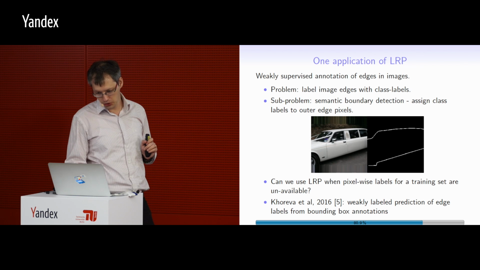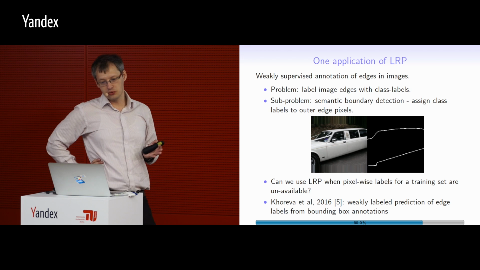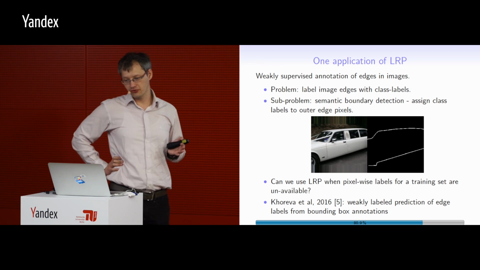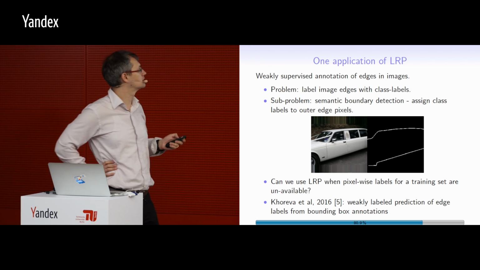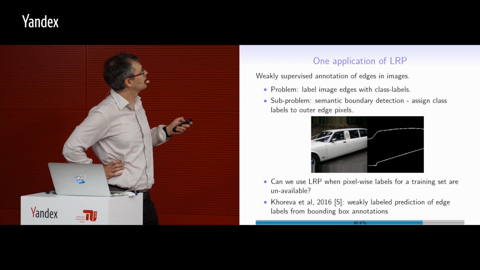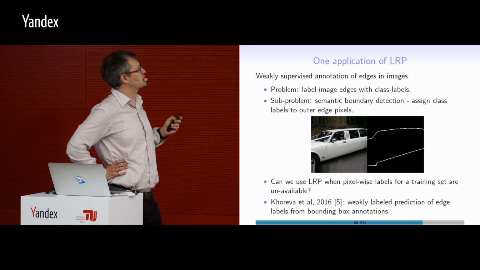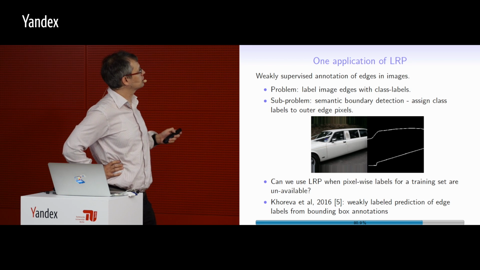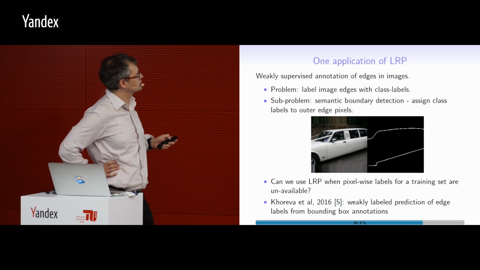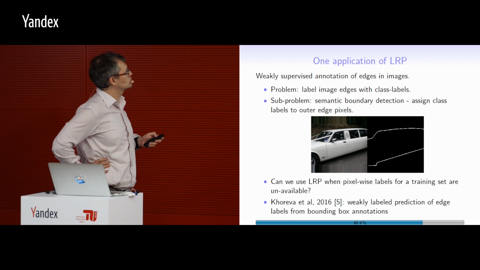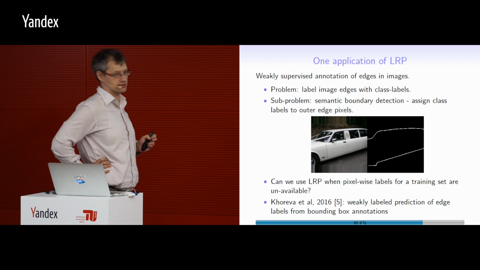Finally, let's go for one newer application of LRP. The idea was weakly supervised annotation of edges in images. So what is the problem statement? You have images and you want to label image edges with class labels. We focused on semantic boundary detection, which is a subproblem that goes only for the outer edge pixels.